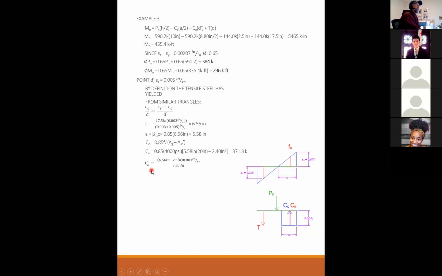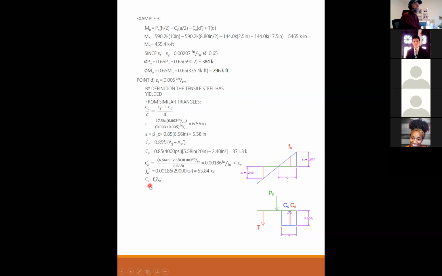Epsilon prime S, we plug in C into here and here, and we get 0.00186. The compression steel has not yielded. So I can solve for it by the strain times 29,000 KSI, basically Hooke's law. Stress is equal to strain times modulus, 53.84 KSI.